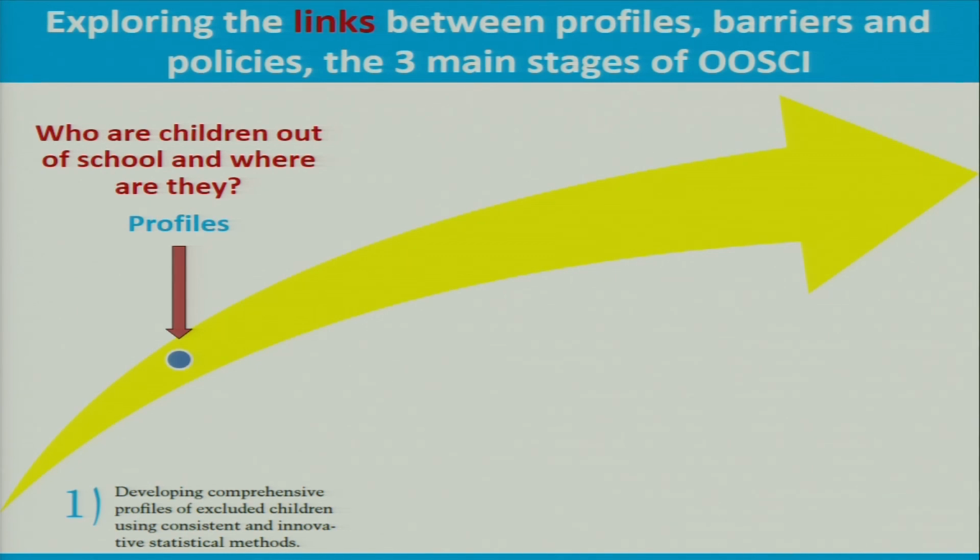This first stage is about comprehensive profiles, asking ourselves who the out-of-school children are and where they are. The second stage is linking those profiles to the barriers and bottlenecks that lead to exclusion.